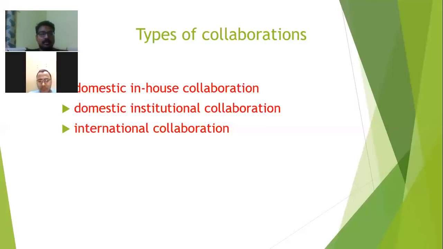But those who are doing international collaborations like me, in areas where they need only interactions through the online mode, their collaboration is not being hampered, right?